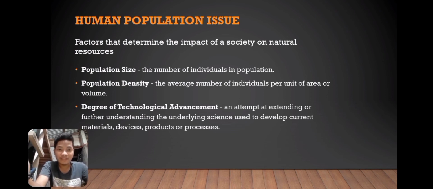The third one is the degree of technological advancement. This is an attempt at extending or further understanding the underlying science used to develop current materials or devices, products, or processes. Now, technologies also affect our natural resources or our environment.